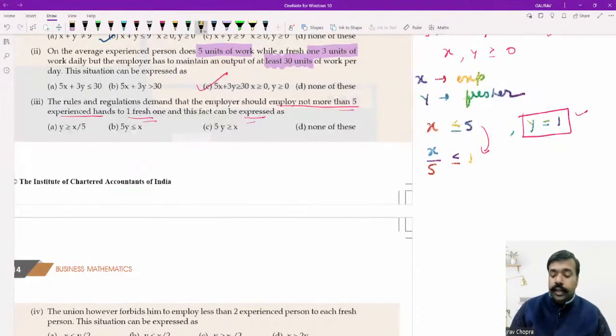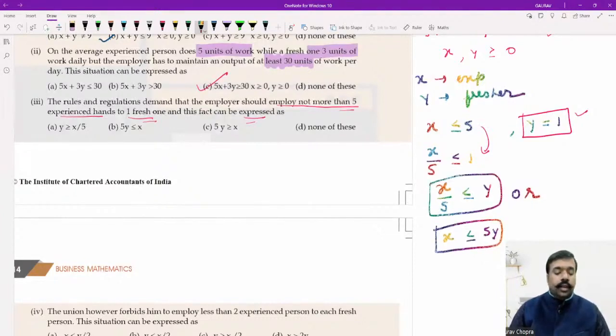So, we can write X upon 5 will be less than equal to Y, or we can also write as X will be less than equal to 5Y. So we can write in both the ways.